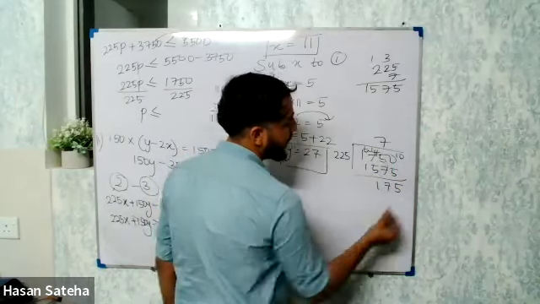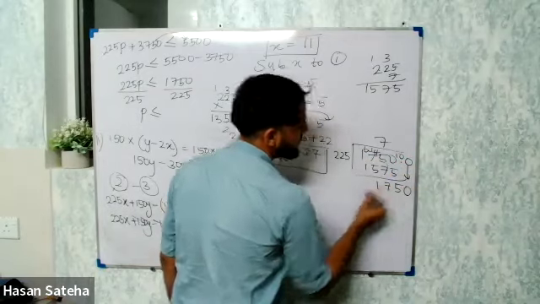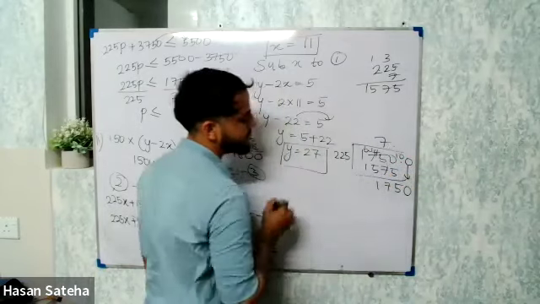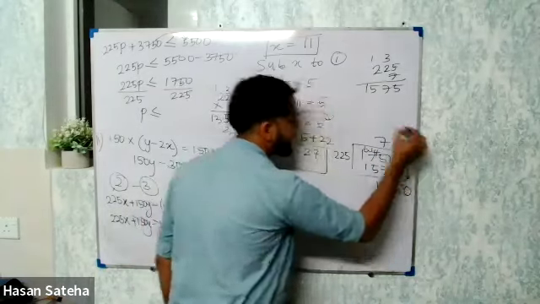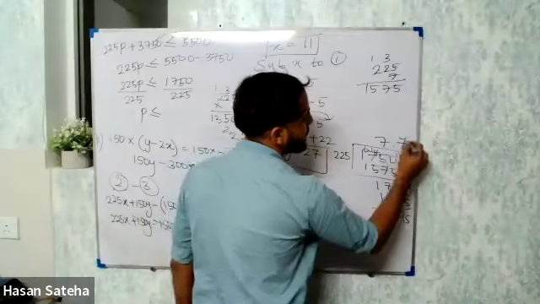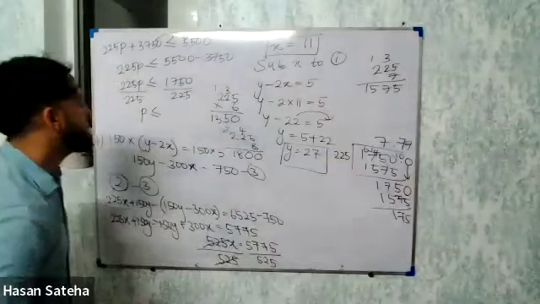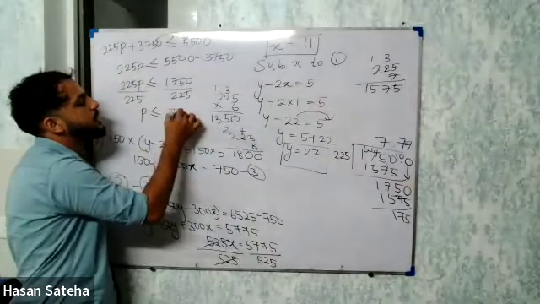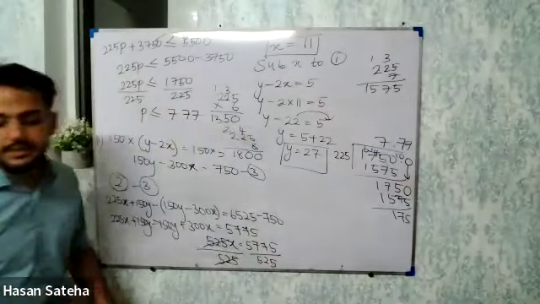Now what you do? Place the decimal point. Bring the 0 down, 1750. Another 7. 225 times 7 is again 1575. Now it will keep on repeating: 7.7777. So p is less than or equal to 7.777.